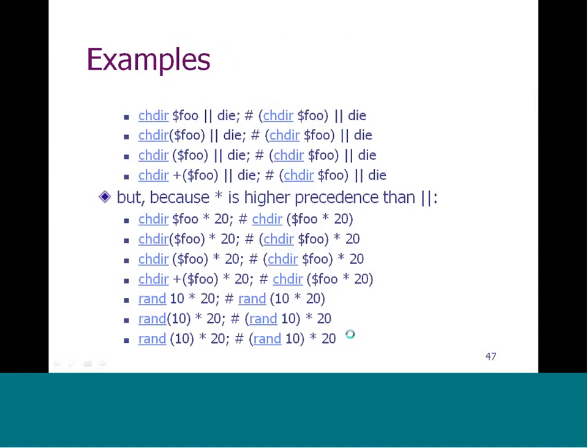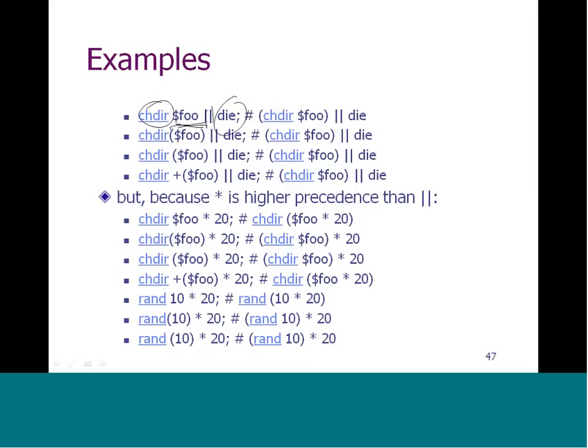So here are some examples. The chdir is a function call, and $foo is some variable, and then we specify that if this condition is not true, then die. That's the meaning of this particular statement.